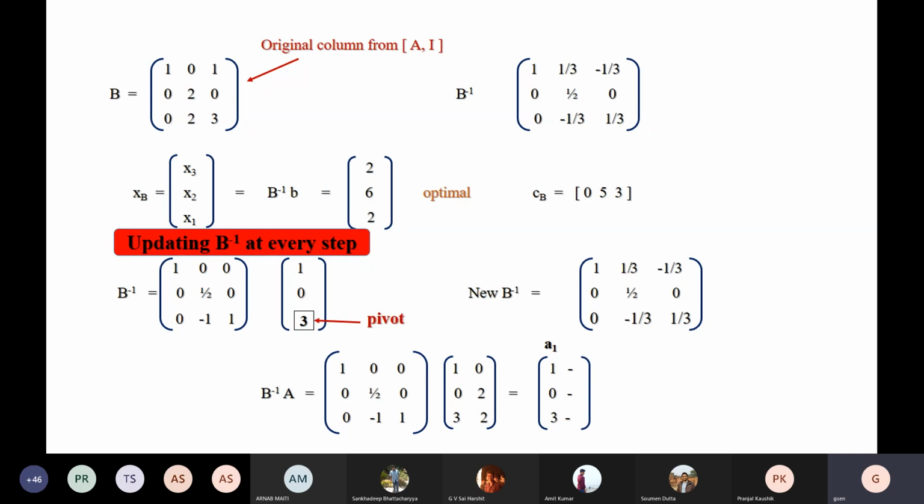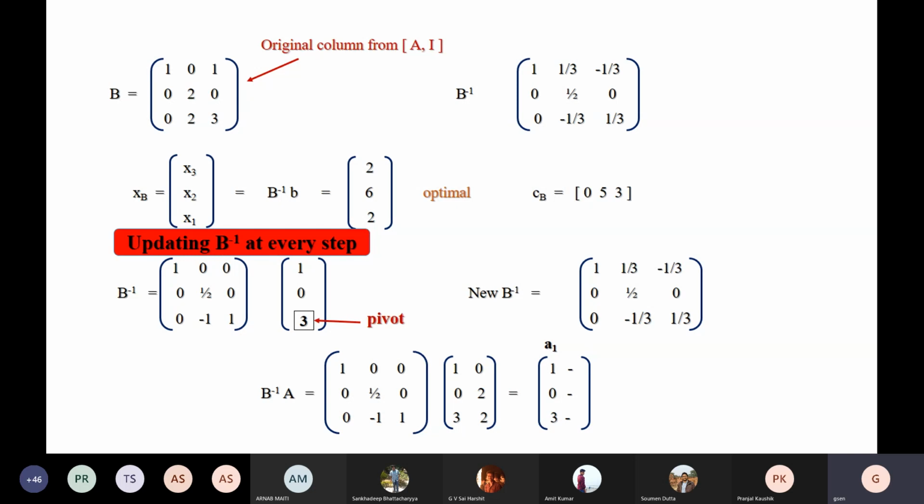It's quite laborious. Now we have an easy shortcut method of updating B inverse at every step. What is that? Instead of computing the inverse from B, you will directly compute the new inverse from the old B inverse.